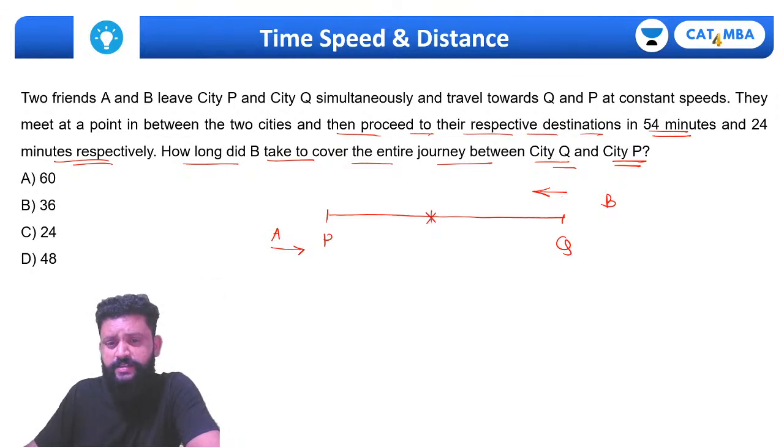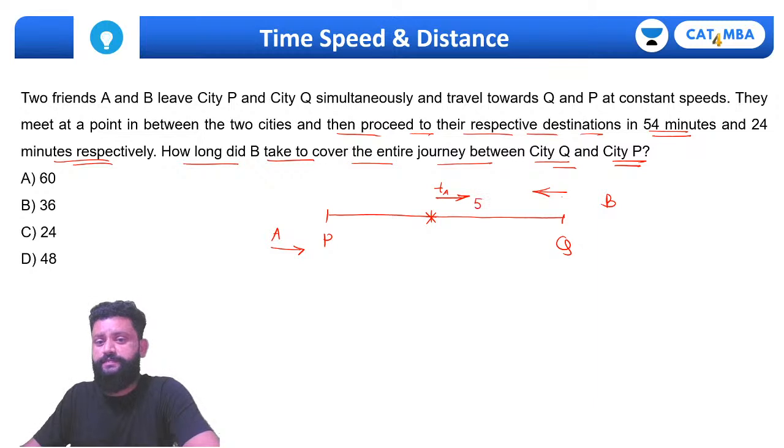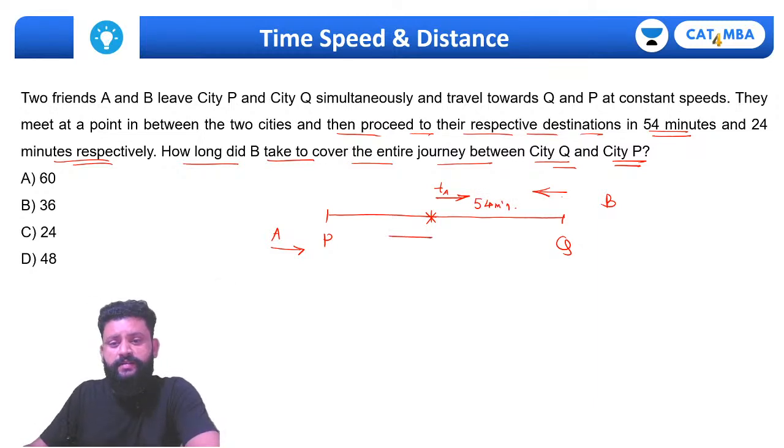So let's say they meet somewhere here, and after meeting, the time required for A to cover the remaining distance is 54, and the time required for B to reach P is 24.